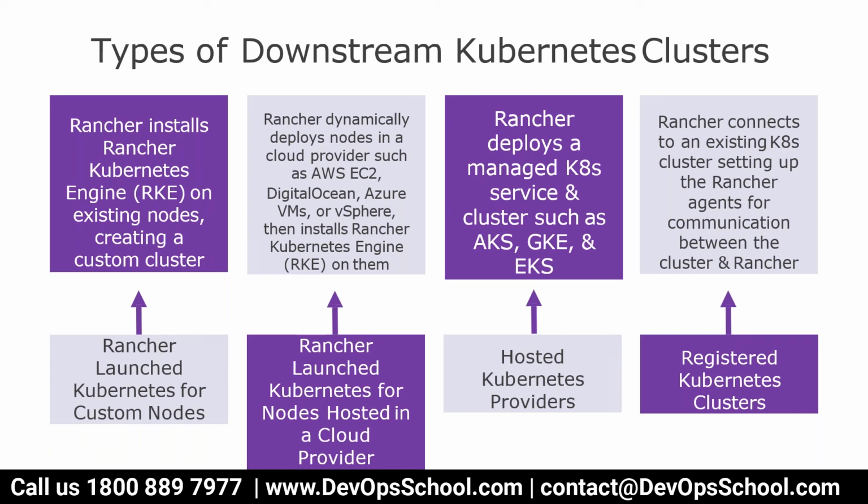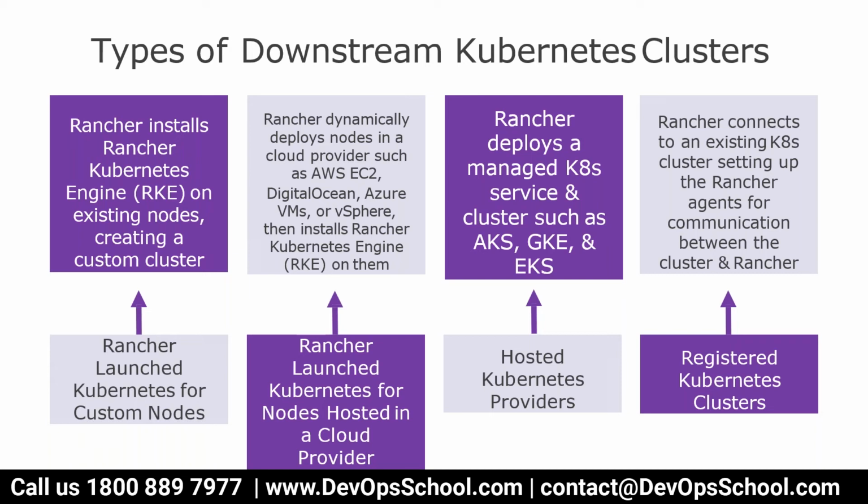If you go for a hosted Kubernetes provider like EKS, GKE and all, you can deploy that also. And with a registered Kubernetes cluster, Rancher connects to an existing Kubernetes cluster, setting up the Rancher agent for communication between the cluster and Rancher.